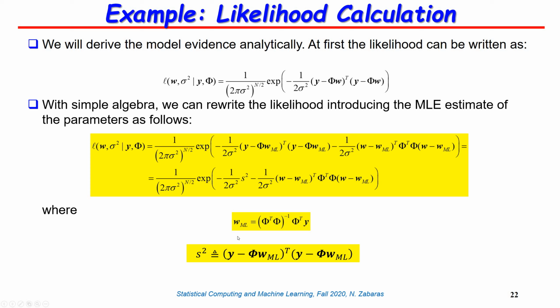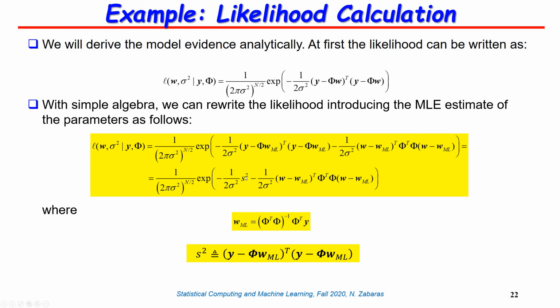What S squared is, as we have seen before, is the error my model makes when I plug in the MLE estimate for the parameters, so that's the error from the target training data Y. That's the S squared that we have seen in earlier slides. Again, this is a standard calculation that you need to do to bring in the MLE and simplify this equation into this form.